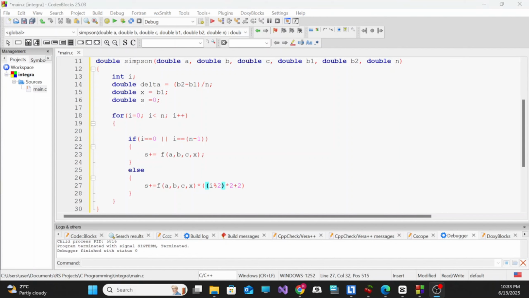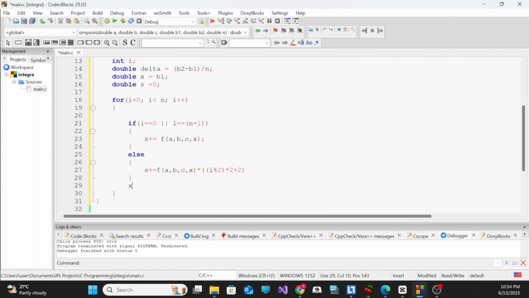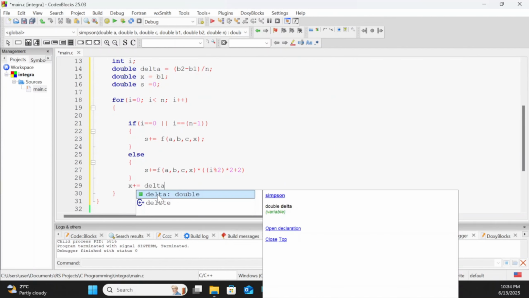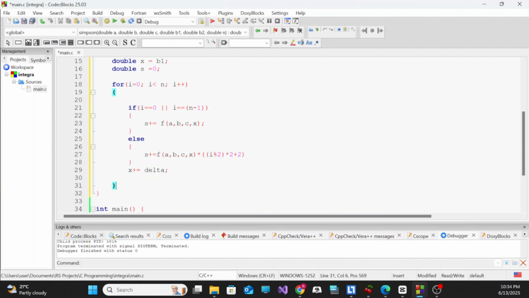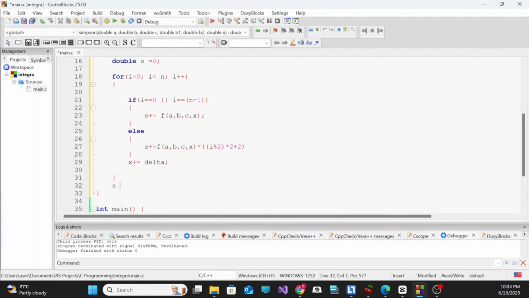So if i is odd, i mod 2 has the remainder of 1 multiplied by 2 plus 2 is 4. So you get 4 times f(a, b, c, x). Otherwise, if i is even, then this product is 0. What remains is 2. And 2 alone is multiplied by f(a, b, c, x). Finally, we need to add up x with a step of delta. And outside of the loop, we need to multiply this sum by delta divided by 3.